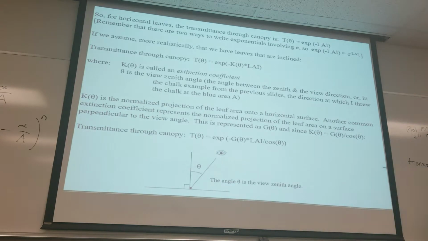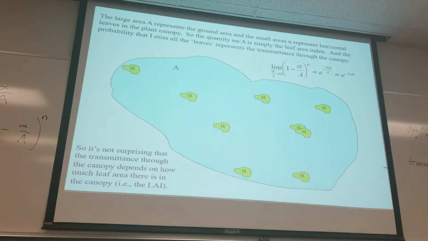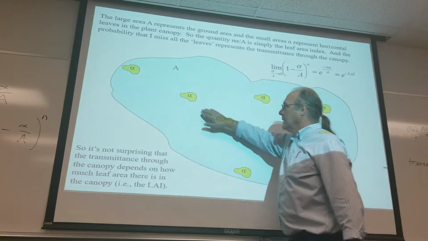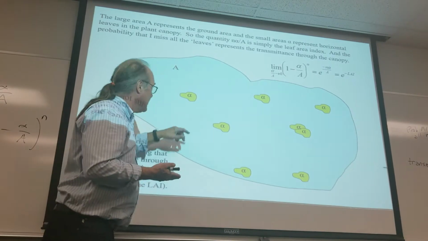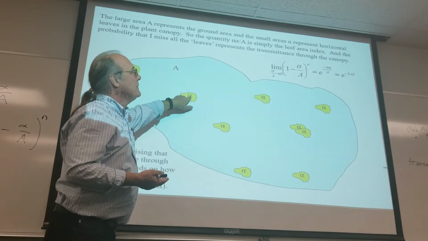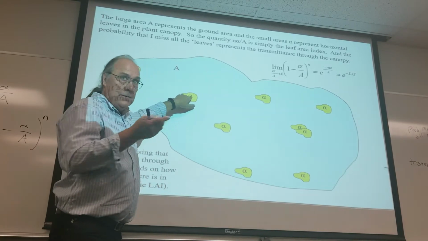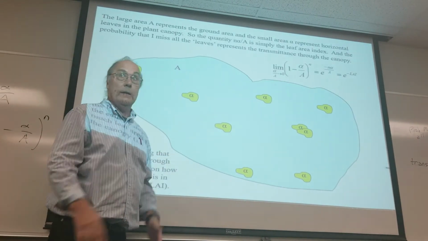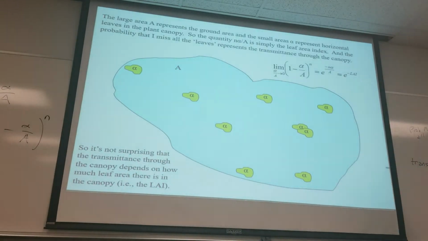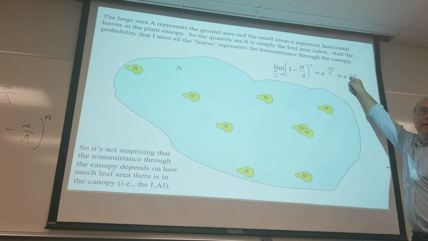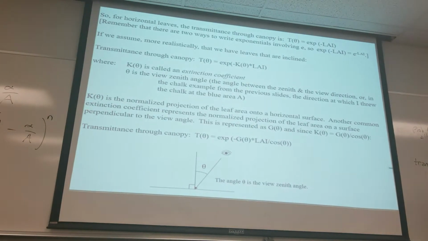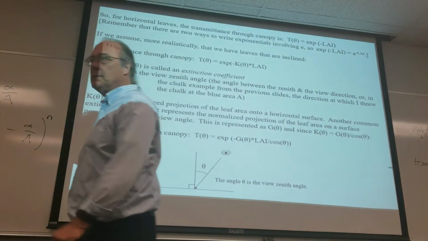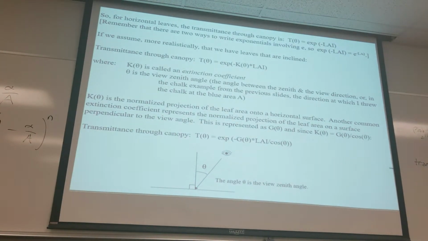So in the simple example that we started with, since these leaves are horizontal, the normalized horizontal projection of that area onto a horizontal surface is 1, because they're all horizontal. And that's why, if you have horizontal leaves, that K of theta is 1. It's implicit in this simpler form. Right, but typically that's not the case. There's very few canopies with horizontal leaves. Maybe you think of water lilies on a pond or something like that.